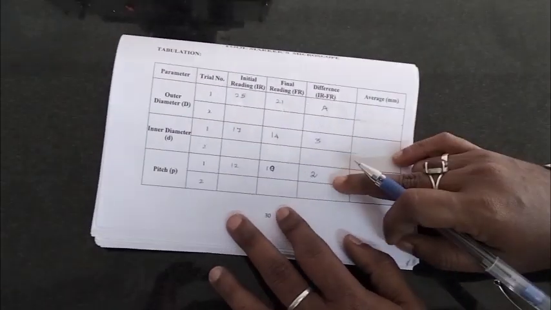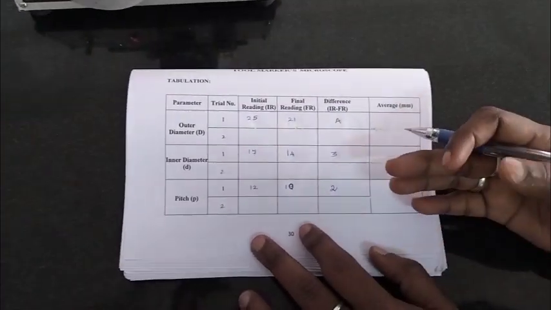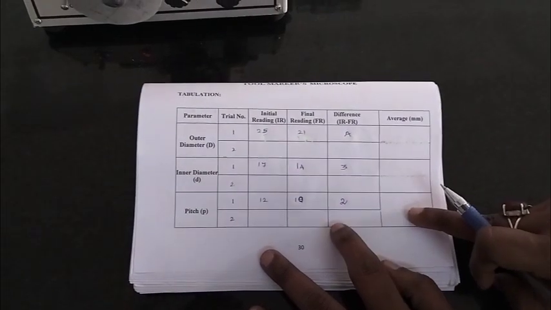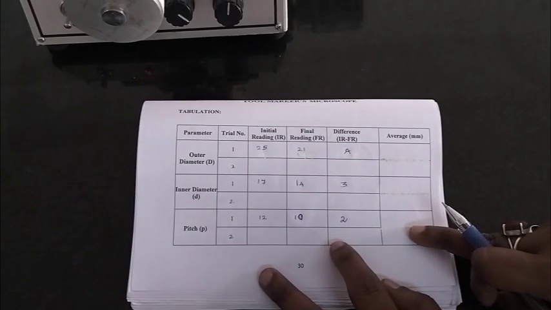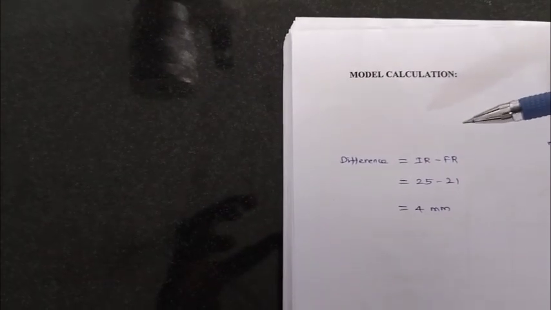Similarly, we consider one pitch to another pitch, find the values, and easily calculate the average value. The calculation model for this experiment is that the difference is the initial reading minus the final reading.